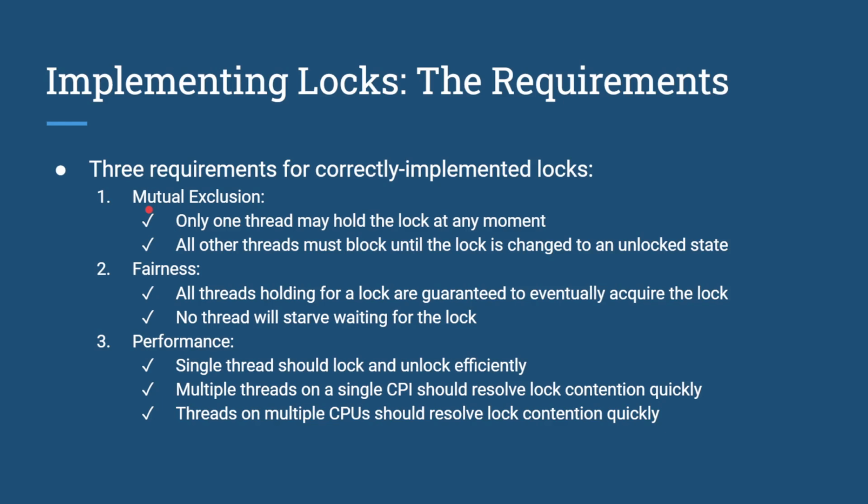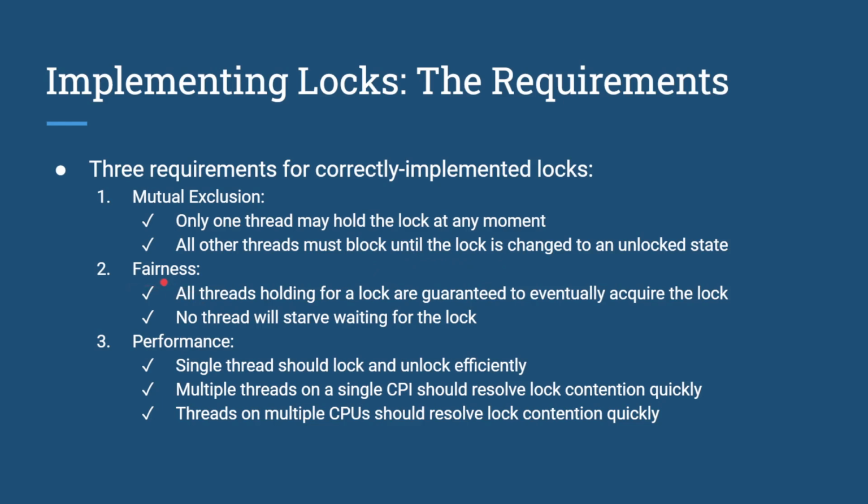And there are concurrency primitives that provide synchronization but do not necessarily lock or provide mutual exclusion specifically to a critical section. Semaphores are one of those things. We'll talk more about that. So for mutual exclusion, only one thread may hold the lock, and all other threads must block until the lock is changed to an unlocked state.